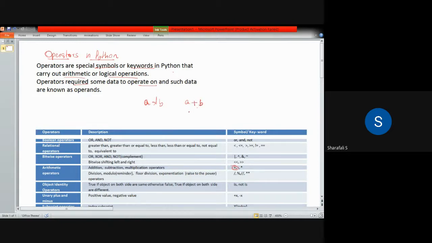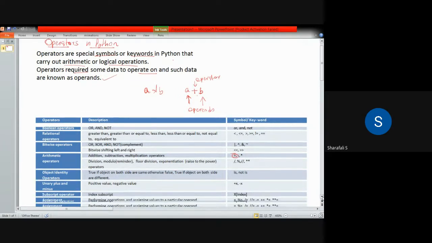In Python also we can do like that. These two data are called operands, and this is our operator. So this operator will be operating on these data, and such data are called operands.